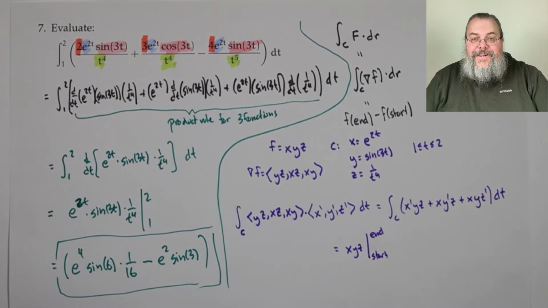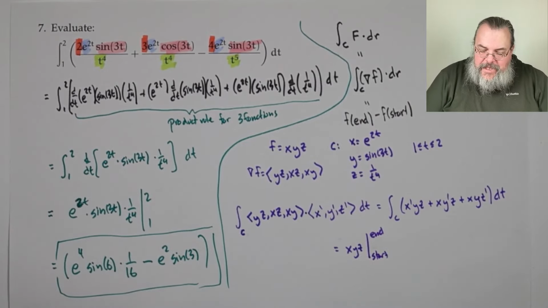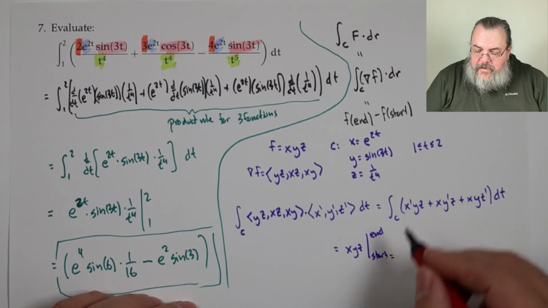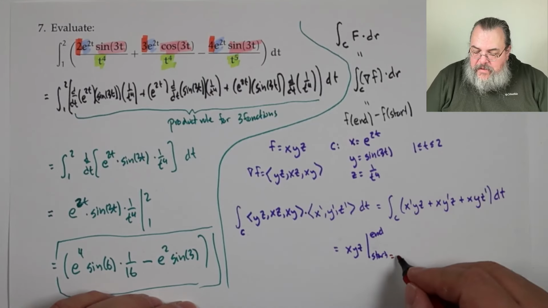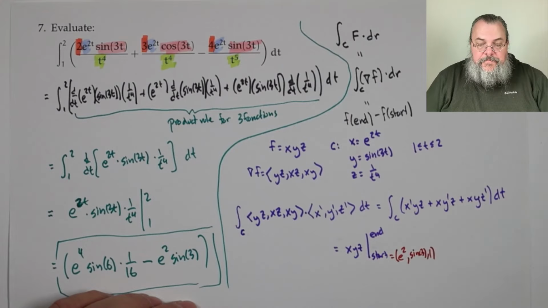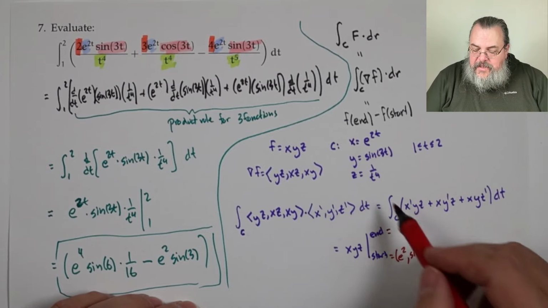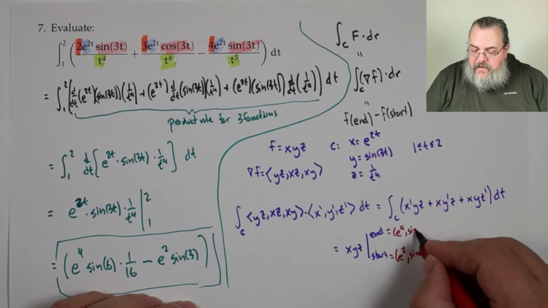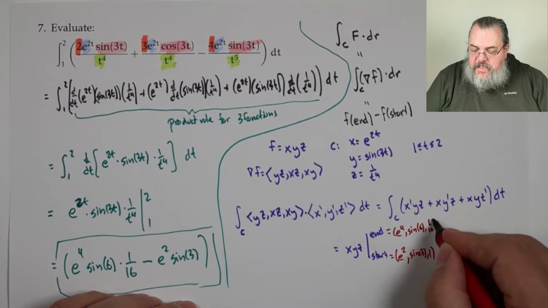Well, our start would be, you start with this point, and you say plug in 1. So that's e squared, comma, sine of 3, comma 1. What's our end? Our end would be our e to the 4th, sine of 6, and our 1 over 16.